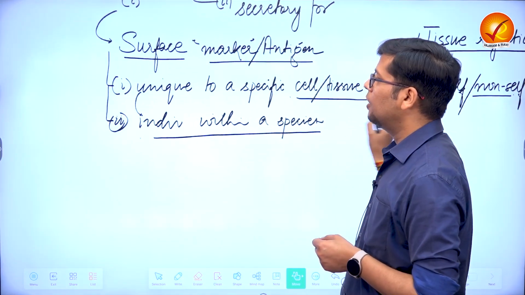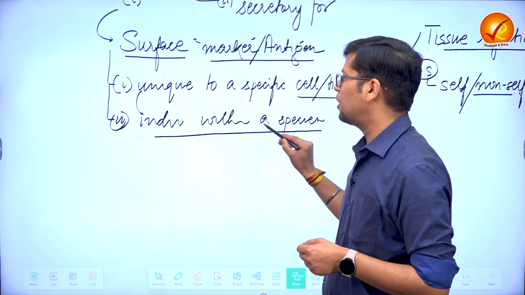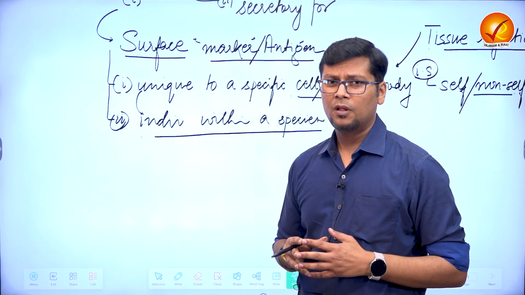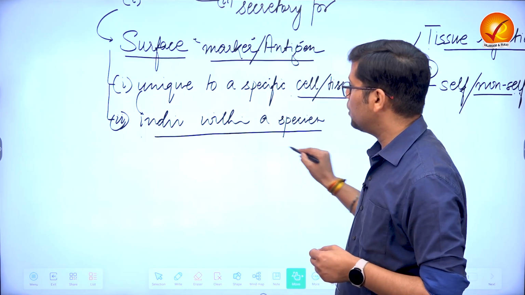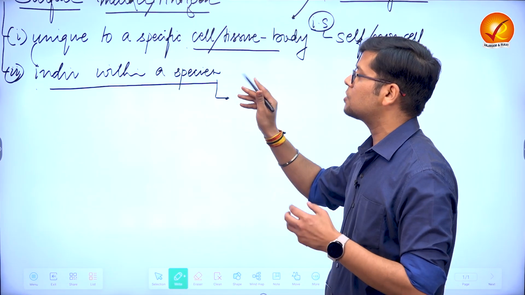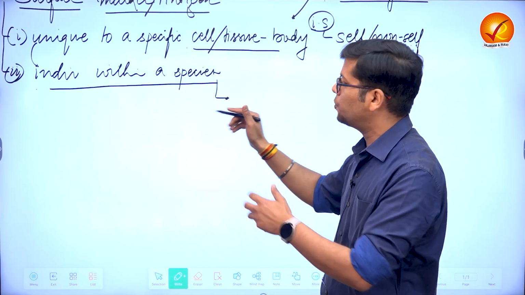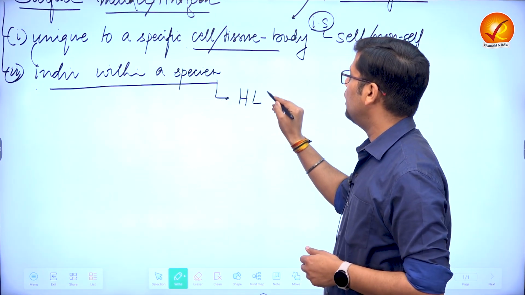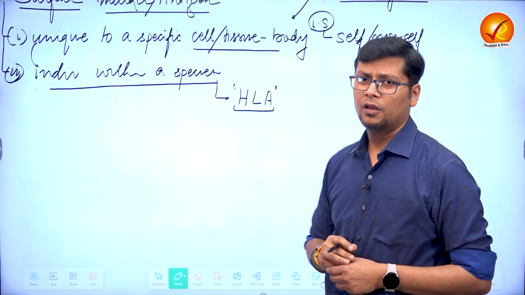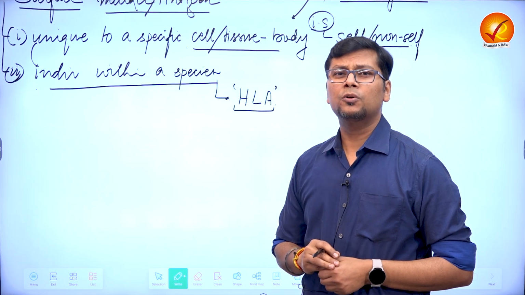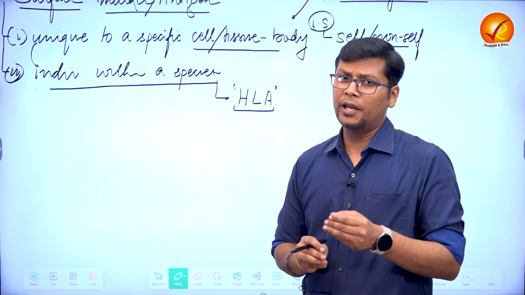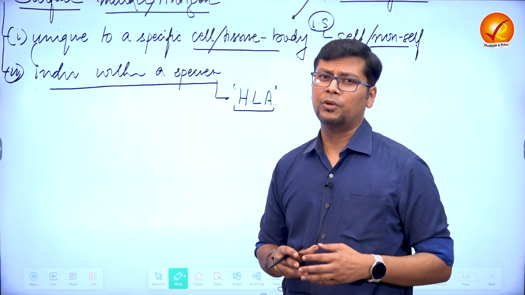Obviously, through that specific individual specific surface proteins. It would be good if you remember that a particular category of proteins which are specific to every individual is called HLA protein. UPSC could ask you this. Human leukocyte antigen. That's individual specific. And what kind of a protein is it? Membrane protein.